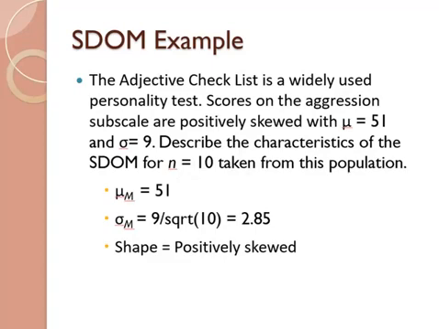So in this case, our shape for our distribution for sampling means should also be positively skewed. Now look, if we bump this number up to 30 or higher, then even though it originally came from a positively skewed distribution, because our sampling rate is high enough, we would expect the distribution of our sample means to have a normal-ish shape.